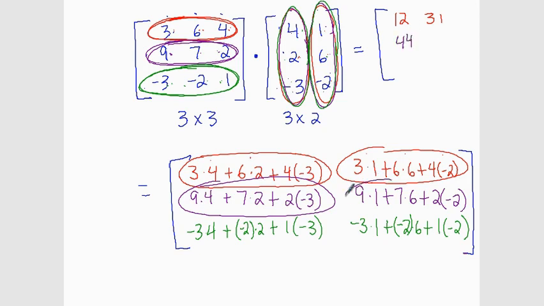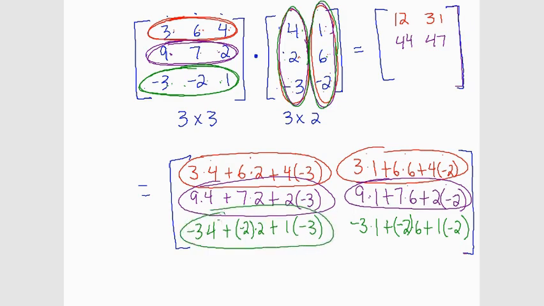Okay, and now we've got this one here. 9 plus 42 is 51, minus 4 is 47. Awesome. And actually, I'll put that in blue and then green. So we got negative 12 plus negative 4, that's negative 16, plus another negative 3 is negative 19.